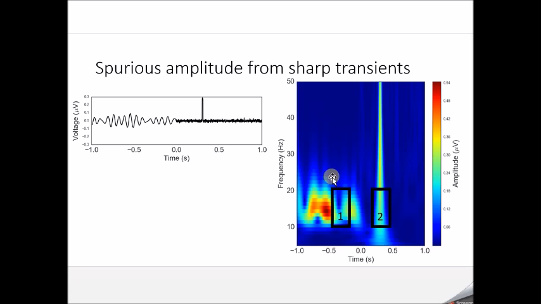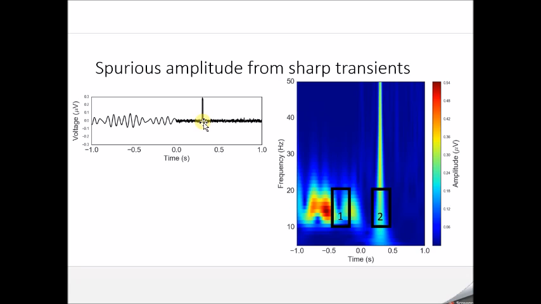So if you looked at this plot, it may seem like the beta amplitude is not changing from before and after the trial, but in fact the supposed amplitude between 10 and 20 hertz coming after the trial is really from a sharp transient that has power in all frequencies.